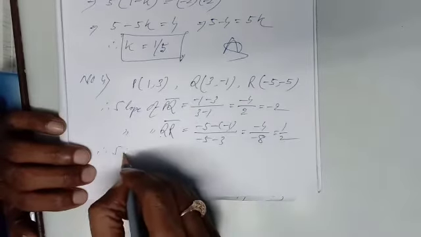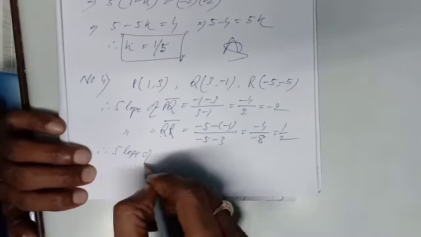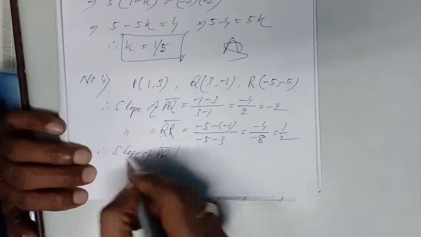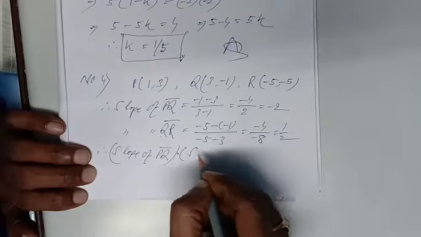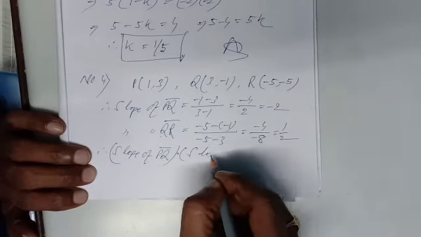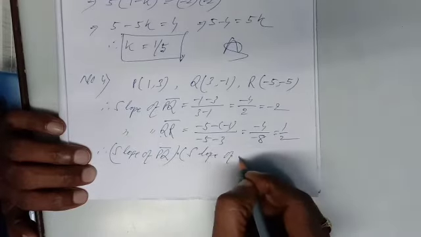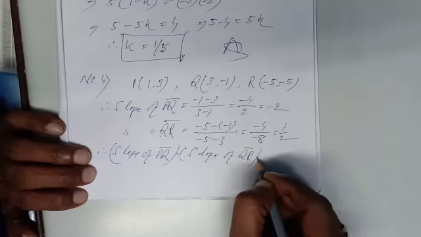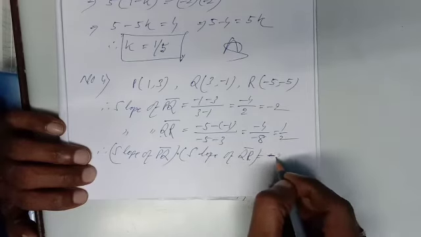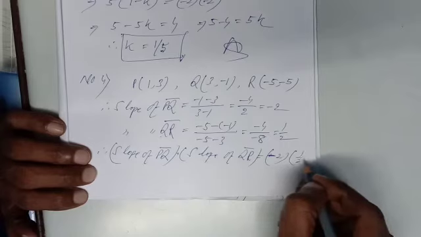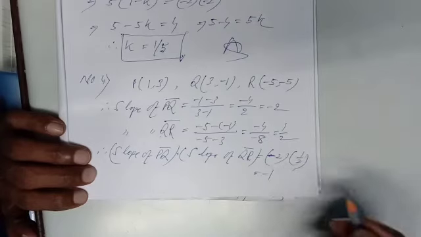Therefore, slope of PQ into slope of QR, how much is coming? -2 into 1 by 2, which is equal to -1.